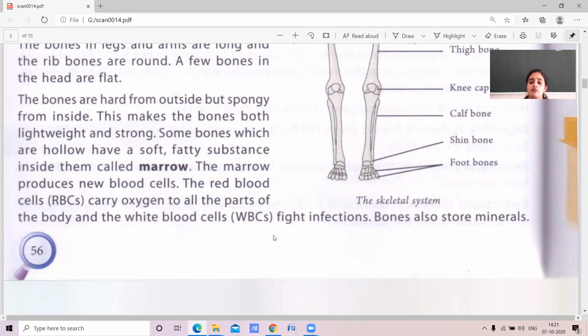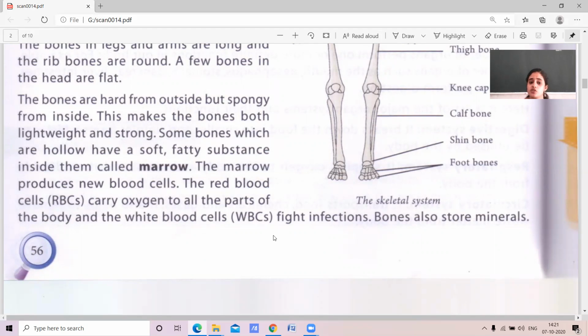The bones are hard from outside. If you feel a bone, it is hard on the outside and spongy inside. This makes the bones both light in weight and strong in nature.